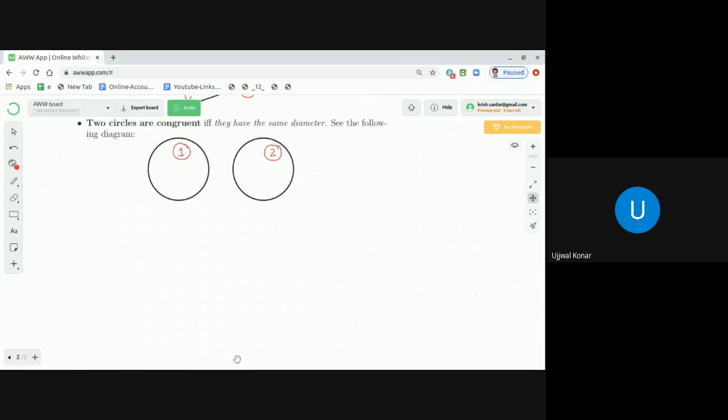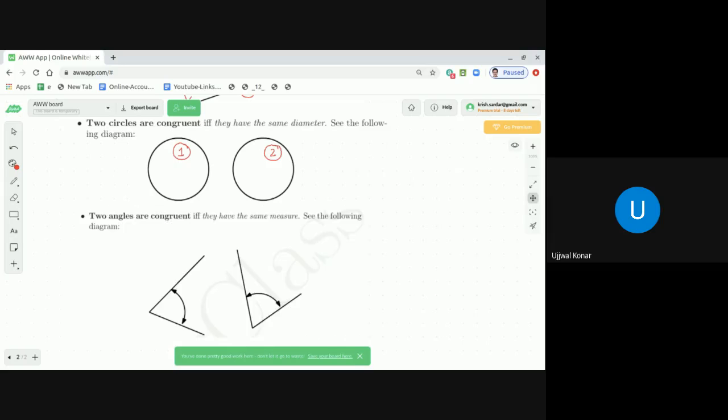If you look into the adjoining diagram, this is the first angle, and this is the second angle. You see that the two lines and the vertex have different positions, but the measurements of these two angles are exactly the same. That means if the first angle measures 60 degrees, then the second angle should also measure 60 degrees.